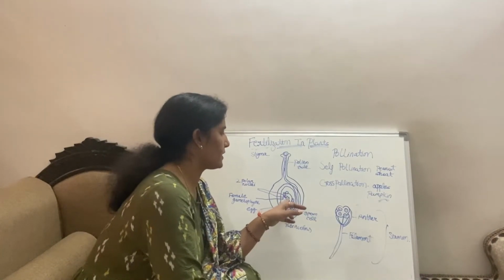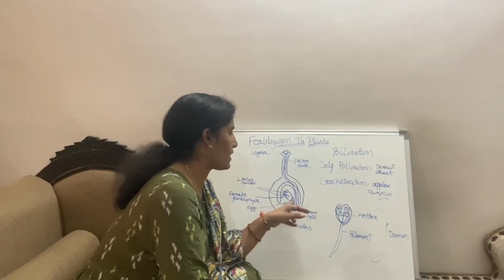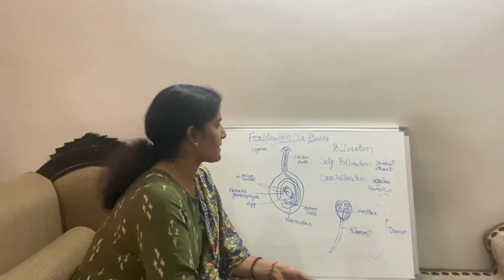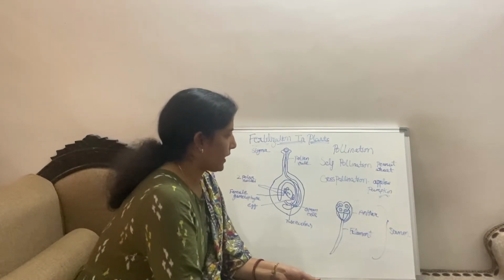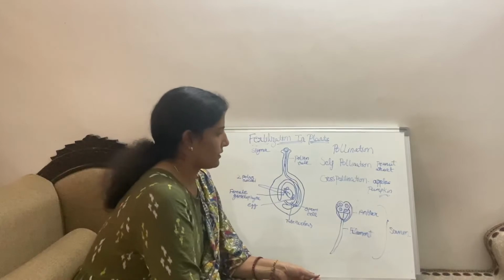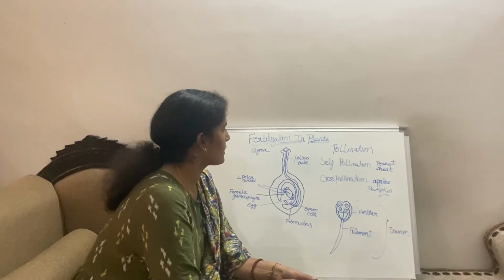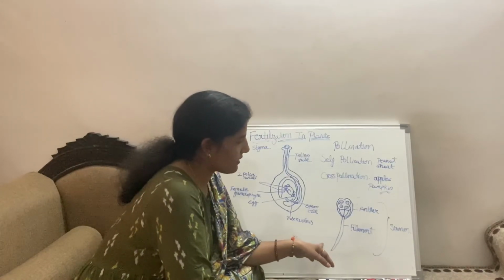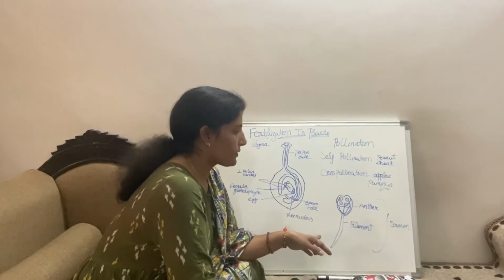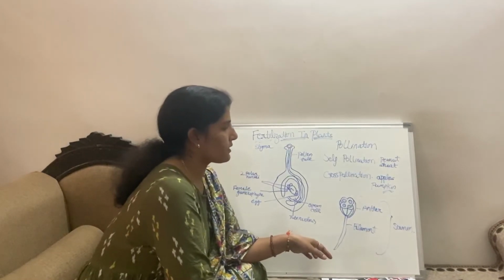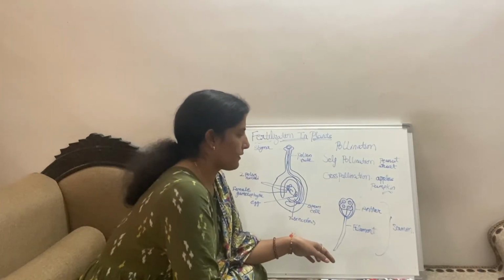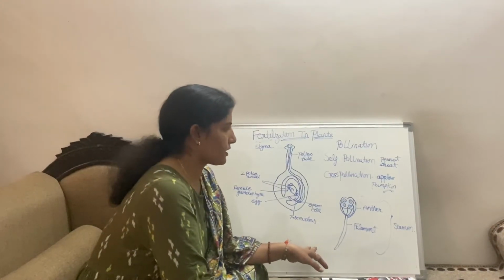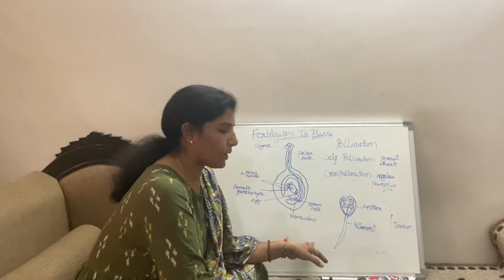These are the female reproductive part and the male reproductive part. You have to study both of these parts very sincerely in detail, because fertilization in plants is a very important topic.